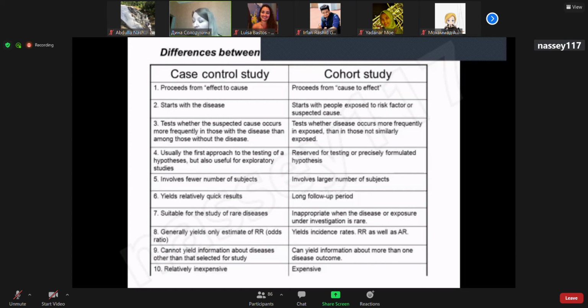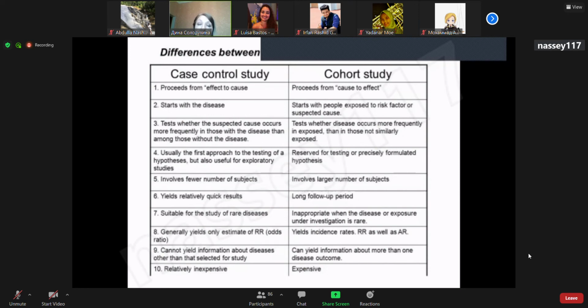The second difference is that a case control study starts with the outcome or a disease, while a cohort study starts with people exposed to a risk factor or suspected cause. This is important because in a cohort study we can identify people by the studied exposure, while in case control we identify subjects by the studied outcome.